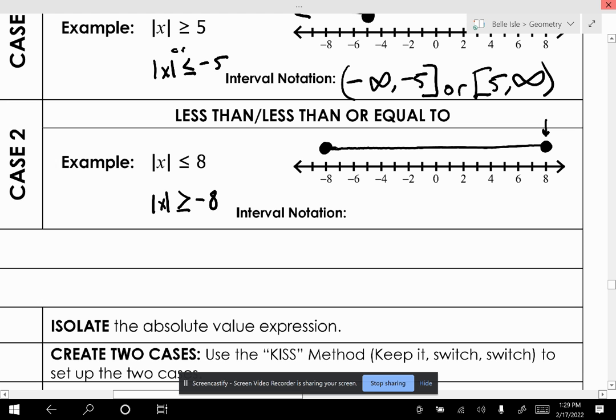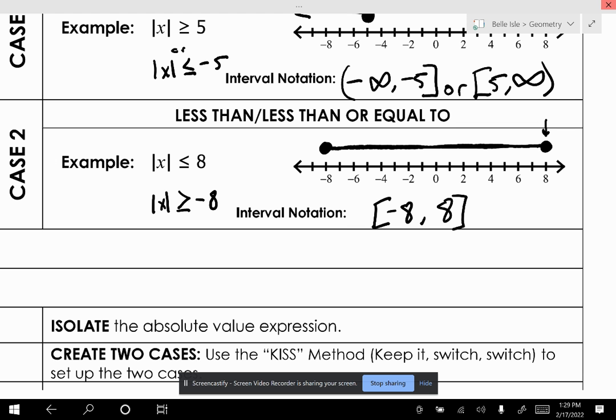So from -8, we would also go in the positive direction until we get to +8. So we're covered in our line graph. Our interval notation's a little simpler on these and problems. We'll have bracket, -8, comma, 8, bracket, because it's an and not an or.